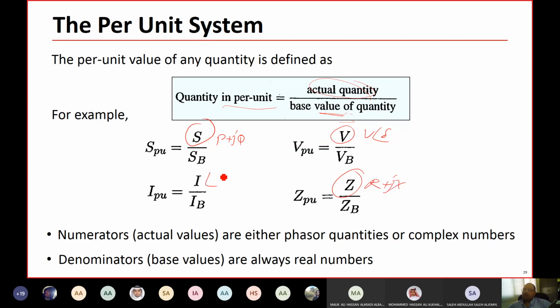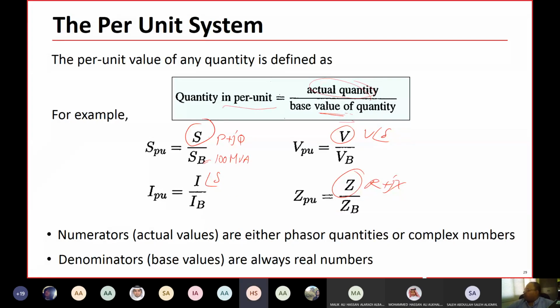And the current is also a phasor, I with angle delta. So numerators are actual values and could be phasor quantities or complex numbers. And denominators are base values and are always real numbers. This S base is 100 megavolt ampere. There is no angle involved here. The V base is also as such. Z base is just a real number and I base is a real number.